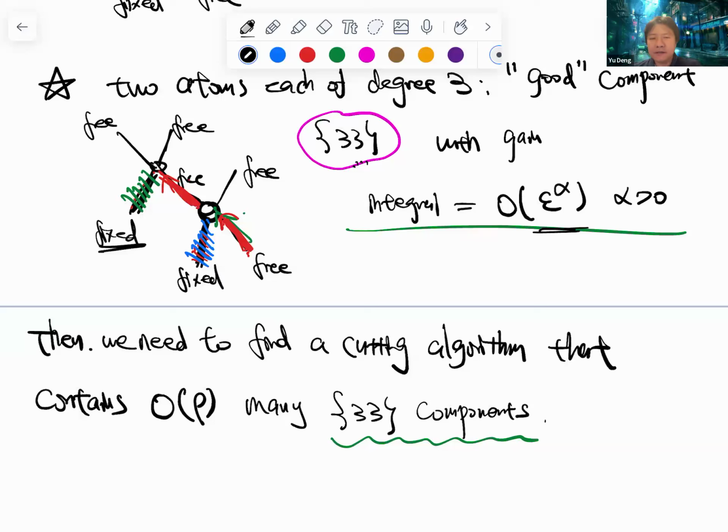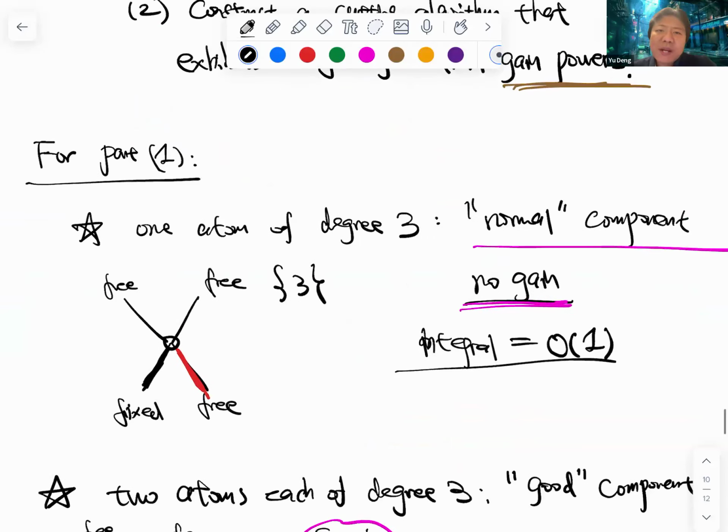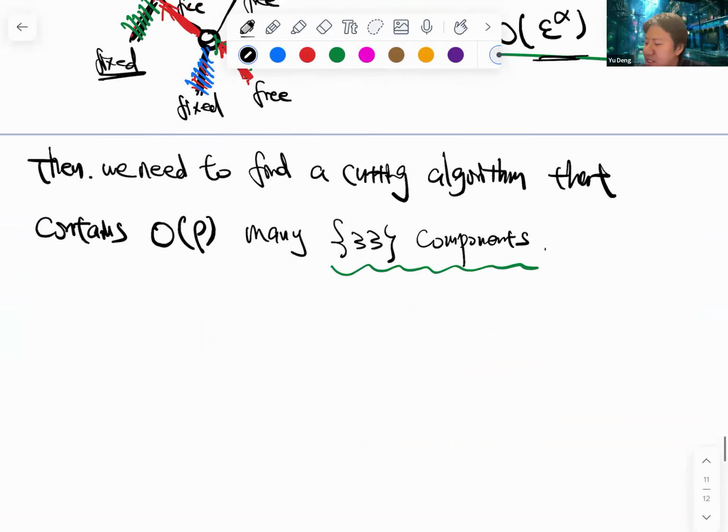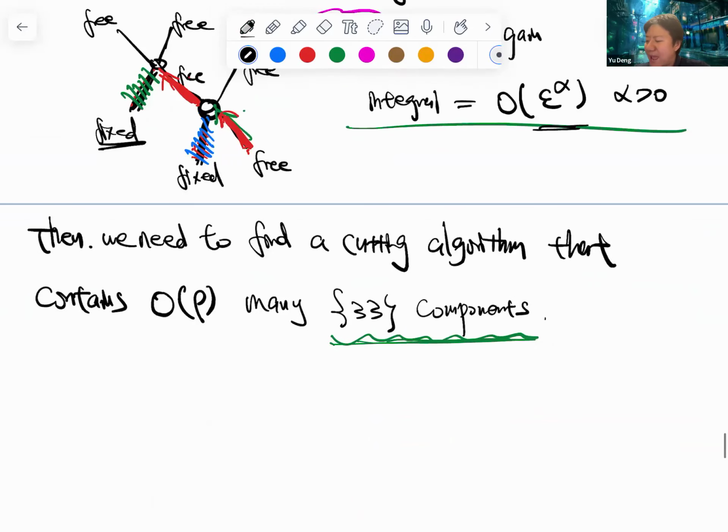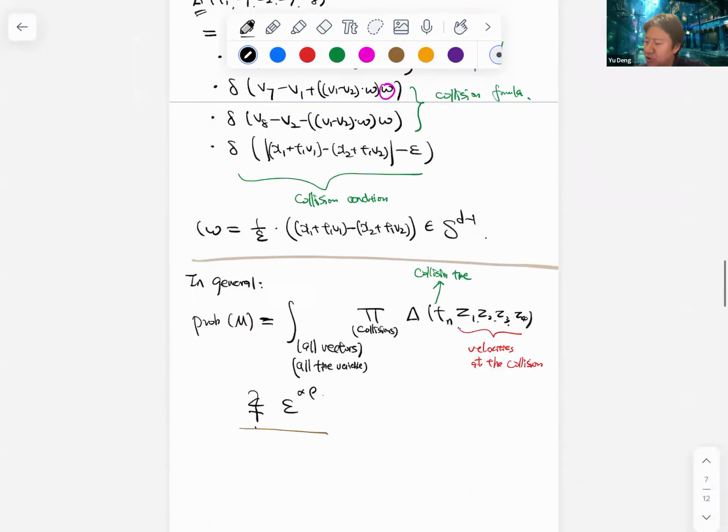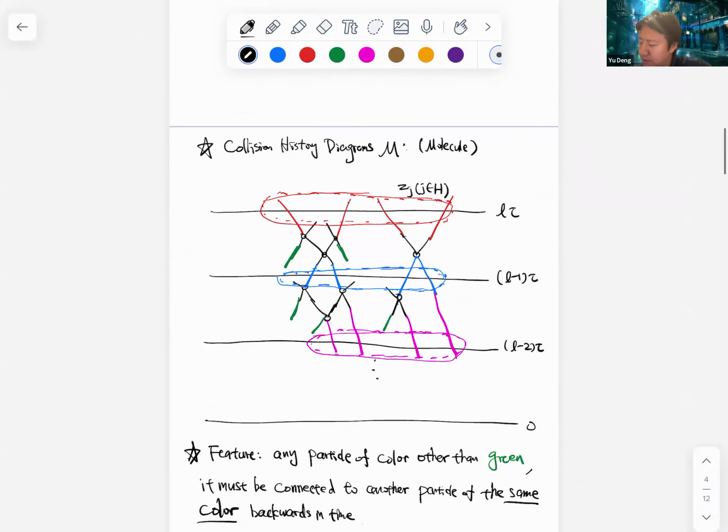Okay, and maybe in the last 10 minutes, let me just briefly describe what the algorithm would be and the intuition. To explain the intuition of the algorithm, how do we get this many good components? Let us go back to this multi-layer picture.